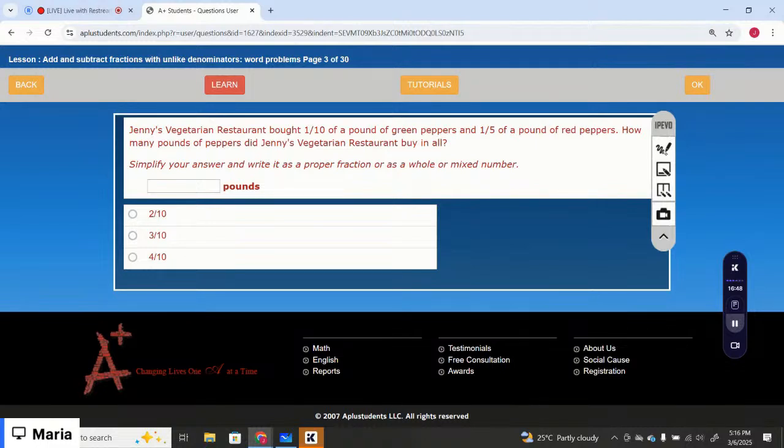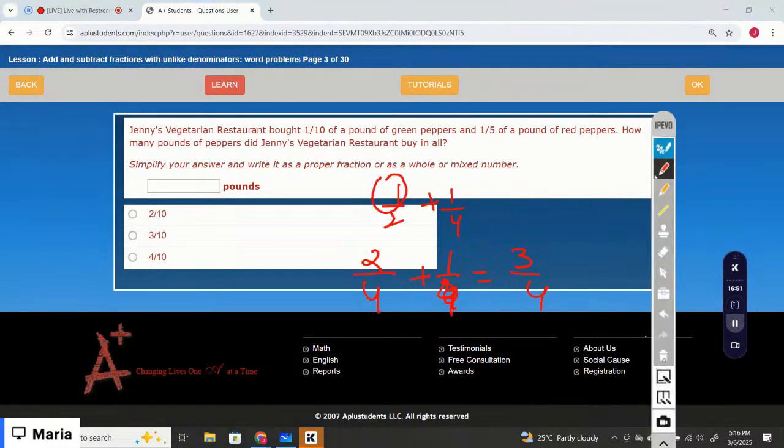So you have to add 1/10 and 1/5. So you need to make the denominator same.